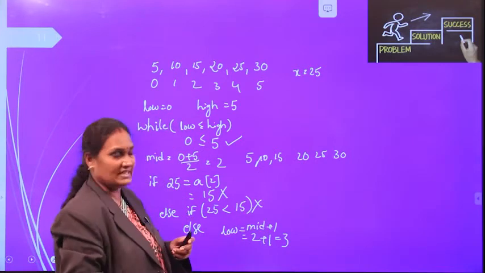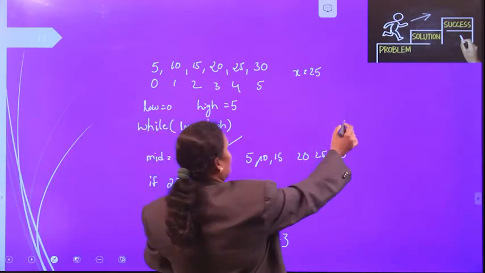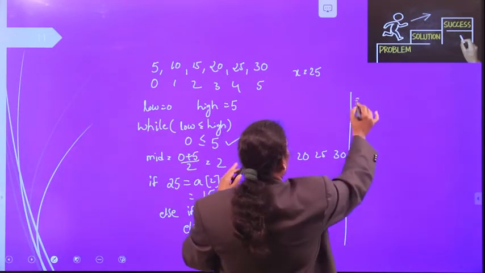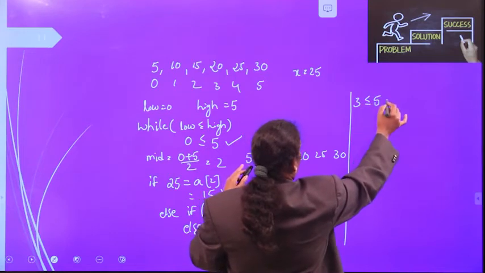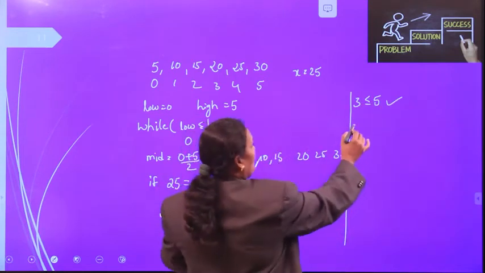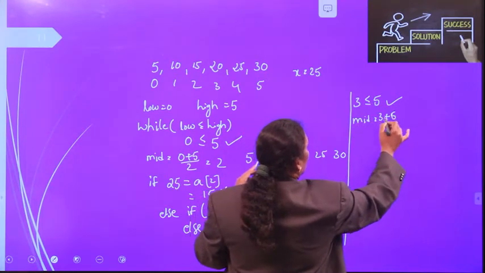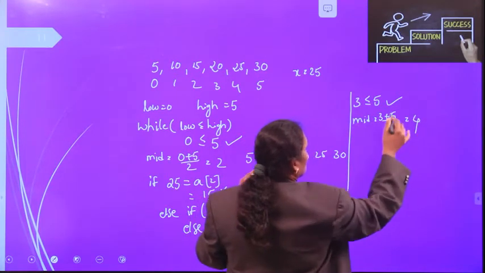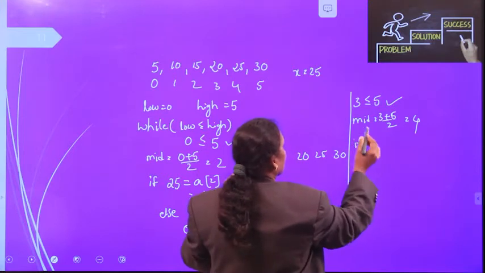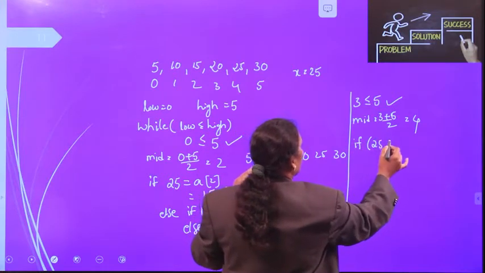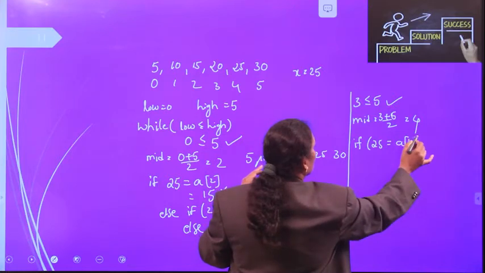Here low becomes 3. Again we need to check the condition. 3 is less than or equal to 5. Again the condition is true. Now I am going to find the mid value. Again 3 plus 5 by 2, which is 4. Now I am going to compare with the mid element. Is 25 equal to A of 4?